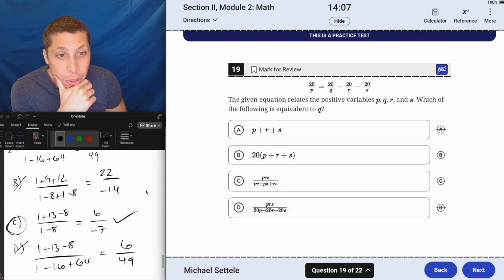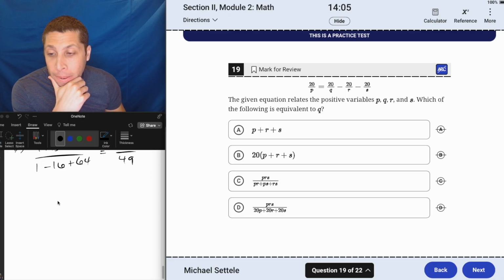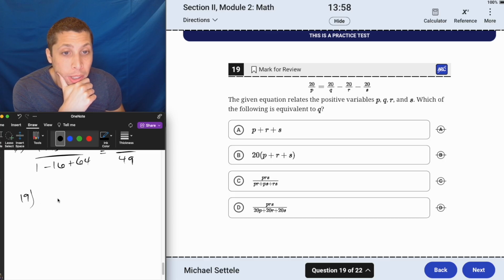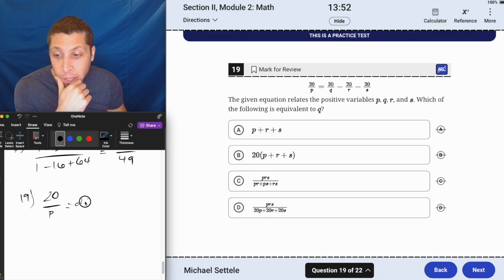Which of the following is going to Q. Okay. Can I just do the same thing here? Right, so if I did 20 over P is equal to, let's make Q 1, so 20 minus 20 minus 20. Right, if they're all 1, so Q equals 1, R equals 1, S equals 1.